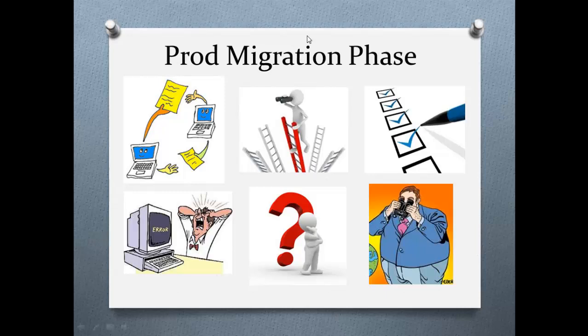After the production document is done and everything is migrated by the admin, the developer or the concerned person needs to check if the job migrated successfully and is in a runnable state.